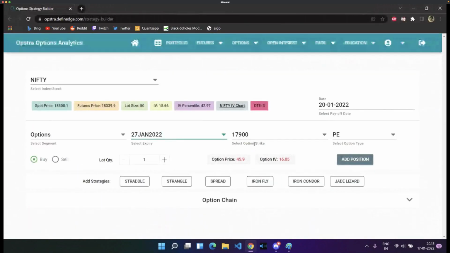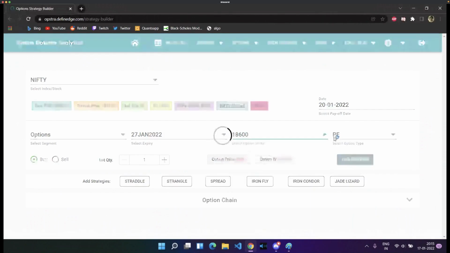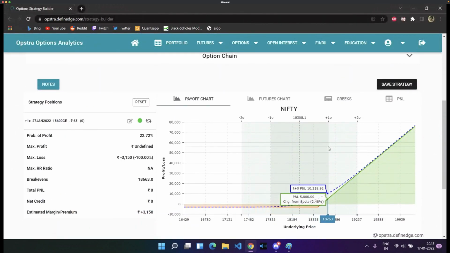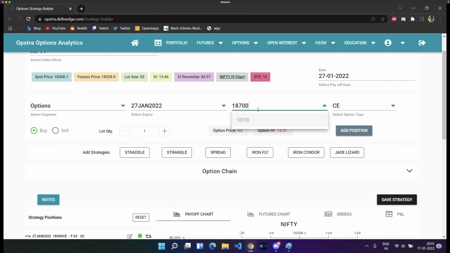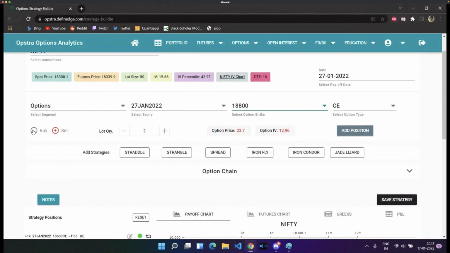Constant deviation 18760. 300, 600, so 18,000 put.